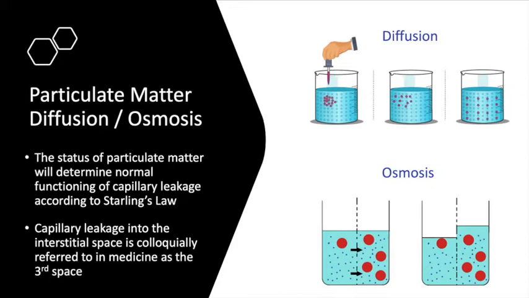The idea of osmosis, in the bottom diagram here, is a semi-permeable membrane, meaning that this membrane will separate these particles and will not allow these large particles to pass through. And it creates a pressure known as osmotic pressure.